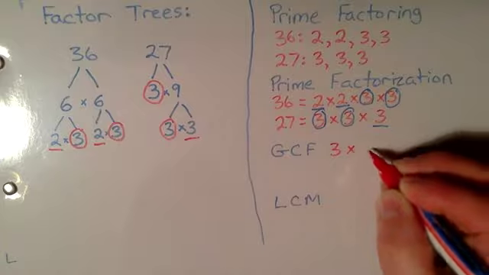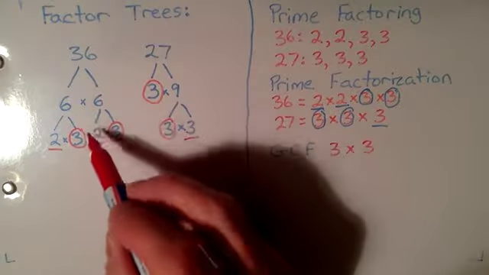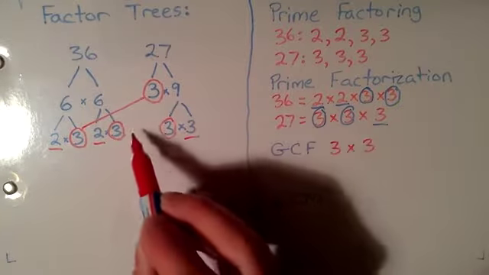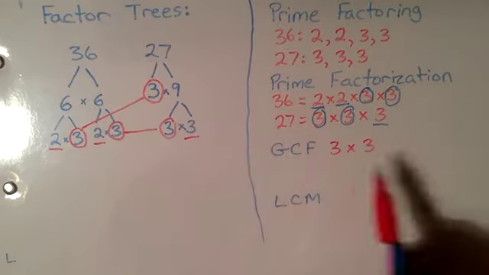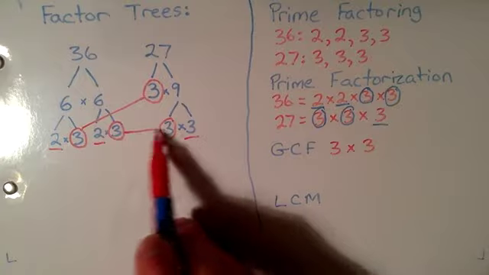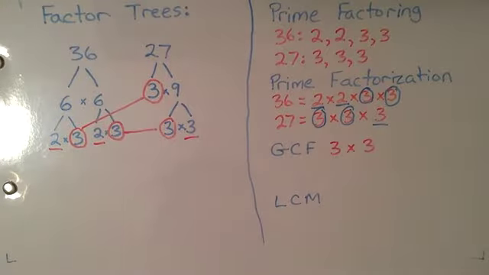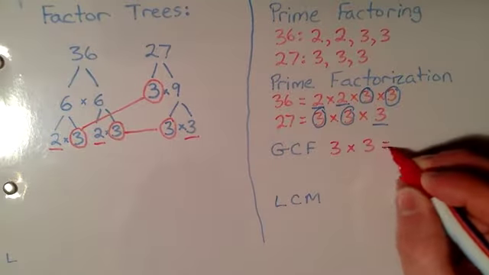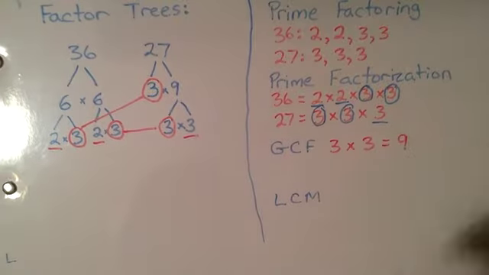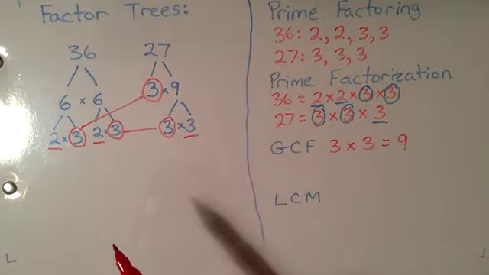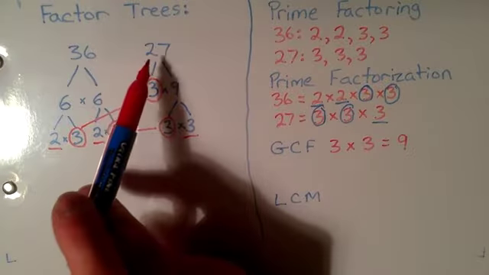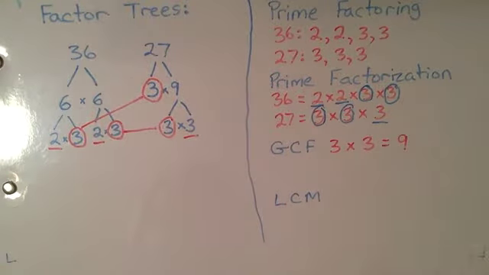So 3 times 3, because remember, these numbers are common and those numbers are common. So I put one of those common numbers here and one of those common numbers here. So 3 times 3 is going to give us 9. So you'll find that the largest number that is a factor of both 36 and 27 is going to be the number 9.